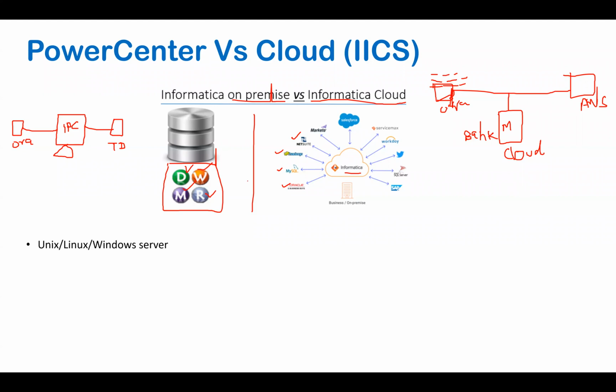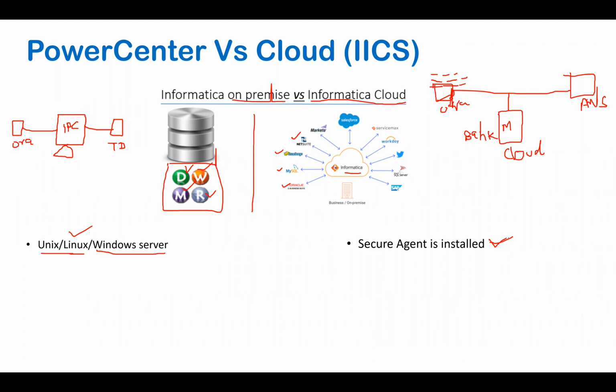Here, Informatica PowerCenter runs on Unix and Linux machines, and very rarely on a Windows server, but mostly on Unix and Linux servers. Who will maintain this Unix and Linux server? It is maintained by the organization. But here, only the secure agent will be installed in our machine.